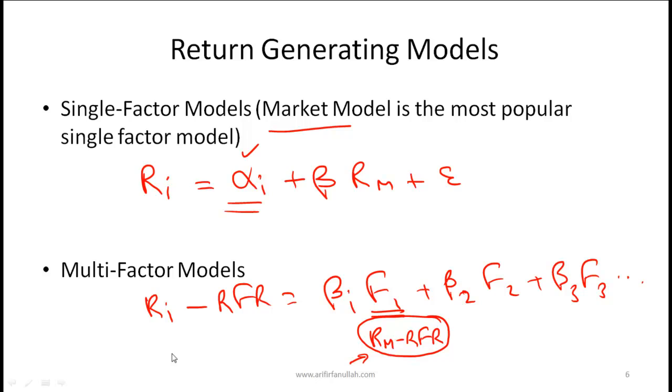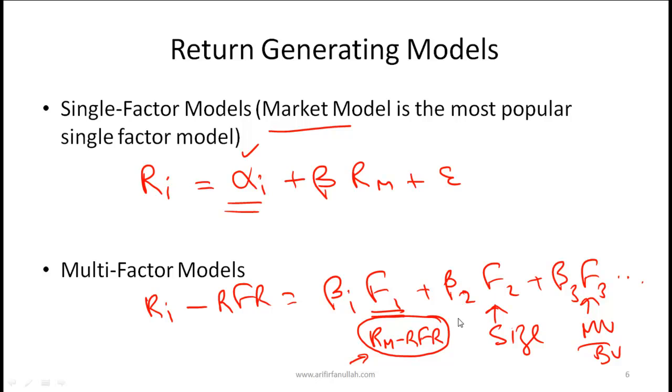Just the way our return is dependent on the market risk premium, which is the first factor, the return could also be dependent on other factors such as size, market value to book value ratios, and so on. The betas would represent the factor weights, factor loadings, or factor sensitivities. All those terms are used interchangeably.